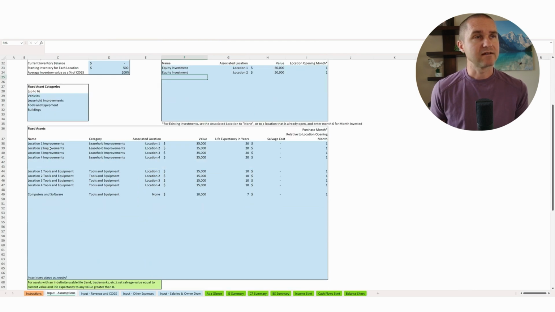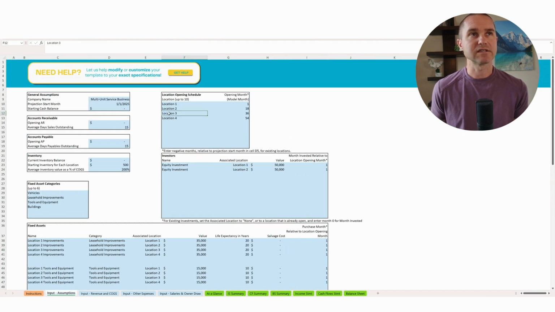Here I'm saying, okay, I've got leasehold improvements, like for my office, for each location that I open. Now, you'll notice here, I want to point this out: this is purchase month relative to location opening month. Since I've selected location 3 from this dropdown, if I put in month 1, it's going to look up here and say, okay, location 3 is not opening until month 36.